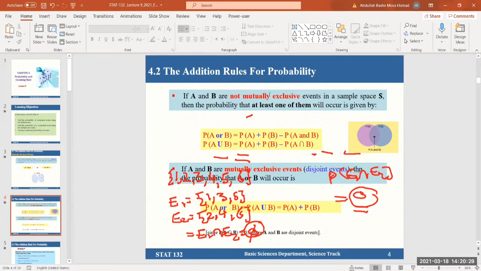If A and B are disjoint or mutually exclusive, then A intersection B is empty, and P of A intersection B equals 0, right? This equals 0 from previous slides. So in this case, P of A or B equals P of A plus P of B, right?